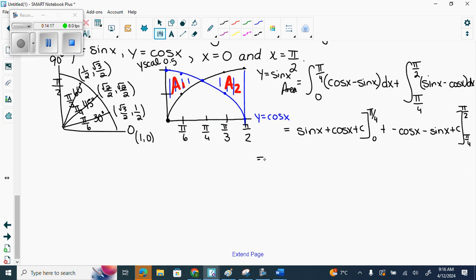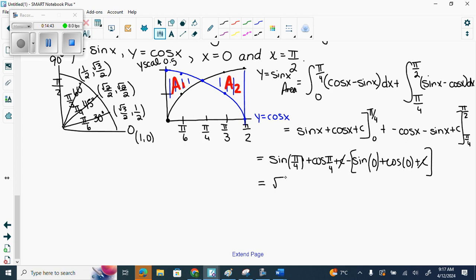And so we're going to get sine of pi over 4 plus cos of pi over 4 plus c minus sine of 0 plus cos of 0 plus c.